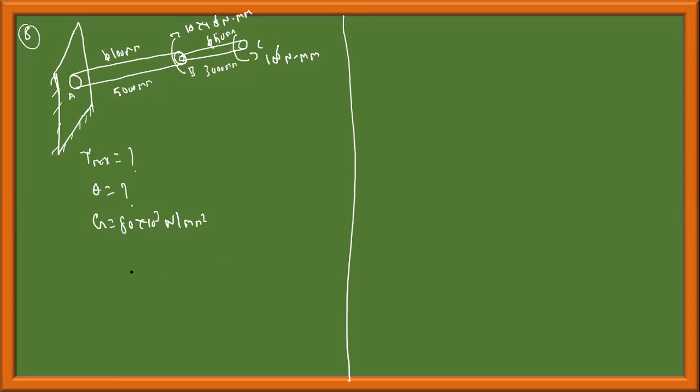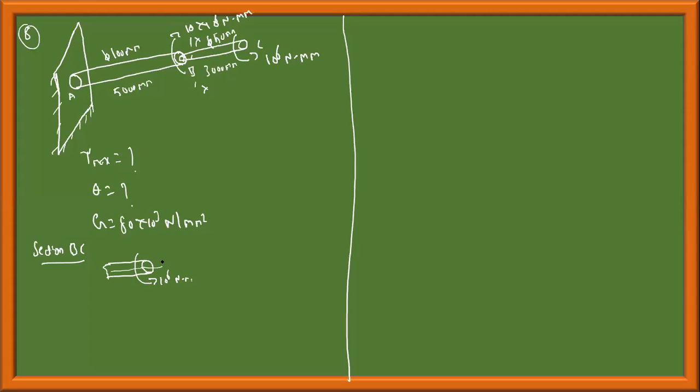As usual, at each section AB and BC, the shaft is under pure torsion. I'll consider a section XX here, section BC. So like this, it is subjected to 10 power 6 Newton mm. This is the length of the shaft.